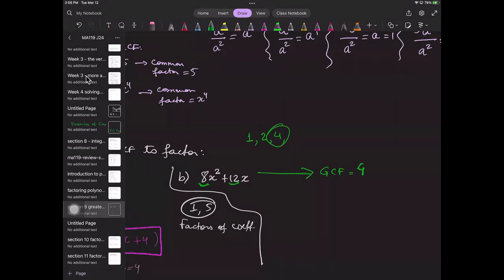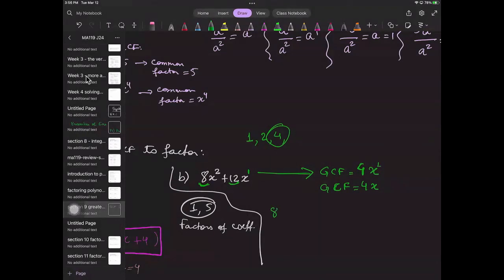Now, for the variable x, which is everywhere in this polynomial, both terms have an x. So definitely it has to be part of my GCF. But the one I choose is the one with the lowest exponent, and the lowest exponent is exponent 1. Okay? So the GCF for this polynomial is 4x.